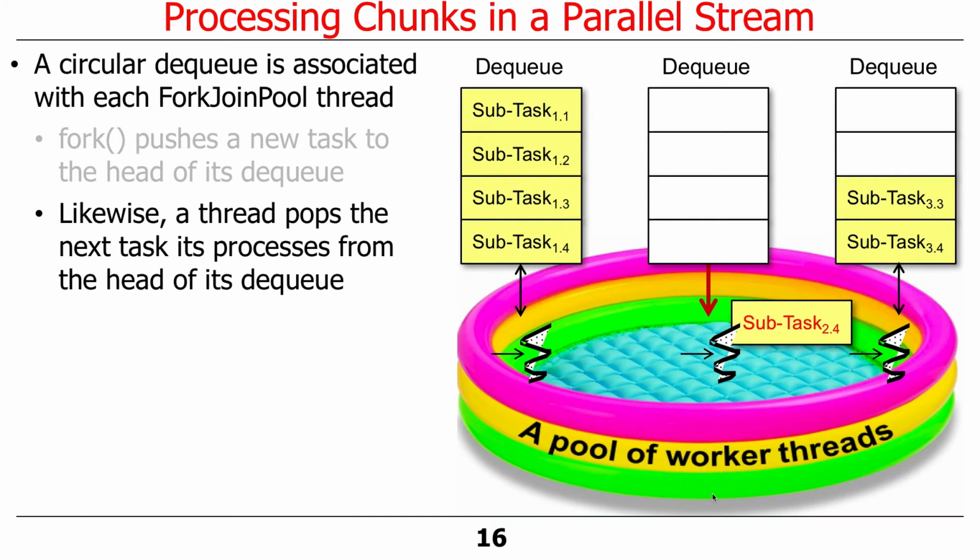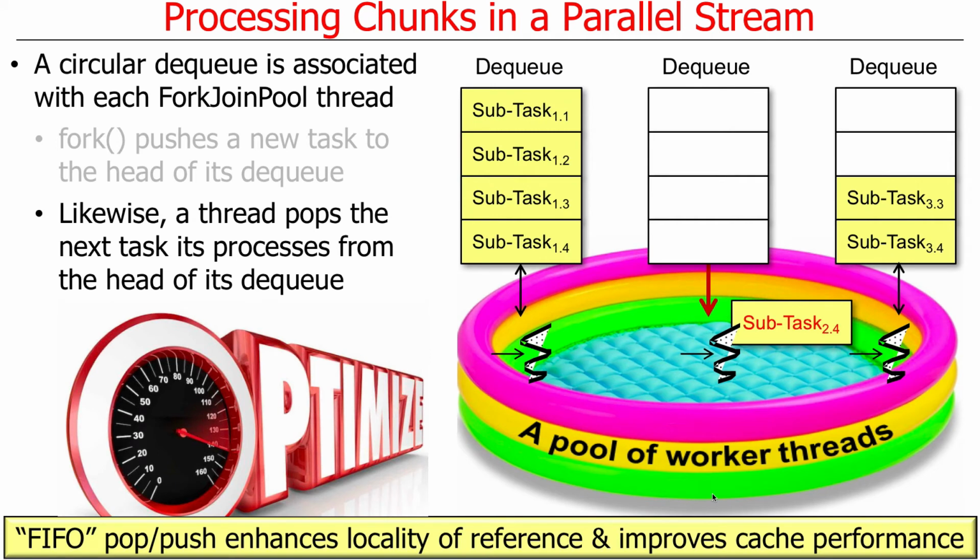So one interesting question is, why does it do that? That's part of your question. One part is, why does it push and pop things onto the top of the deck? The answer is that this enhances locality of reference and improves cache performance.